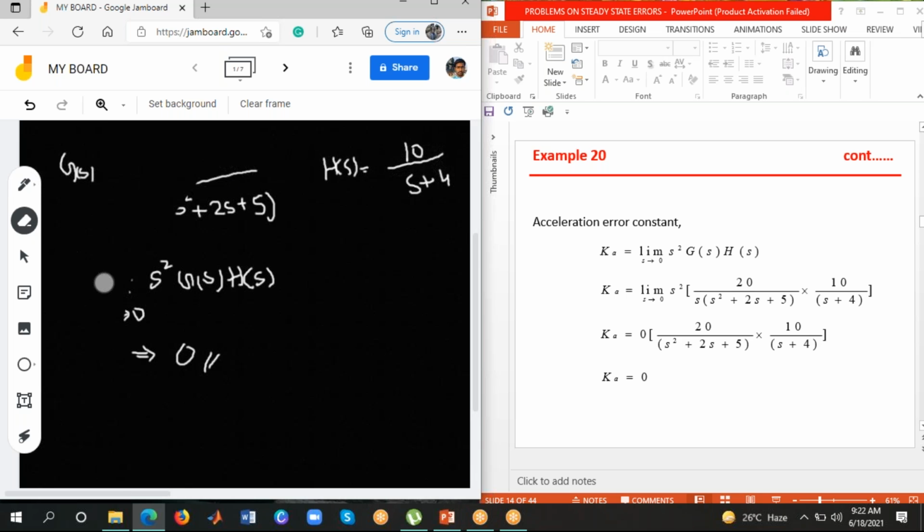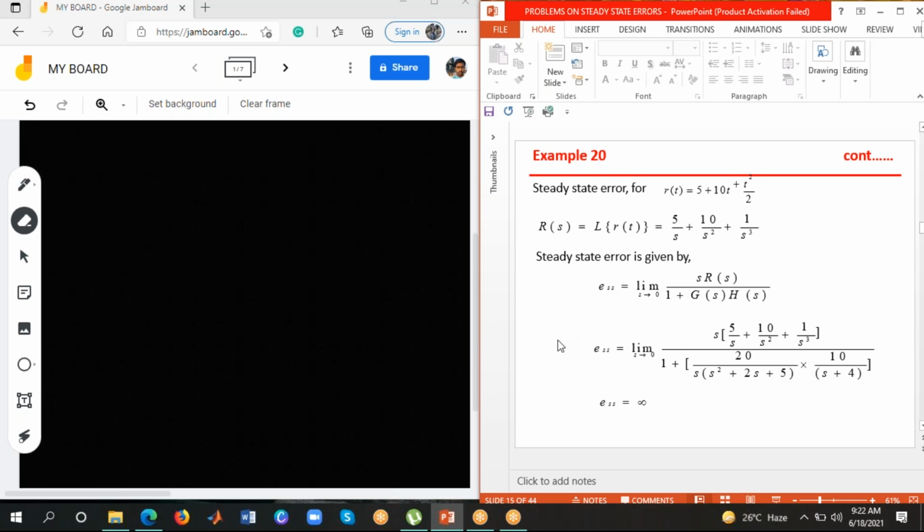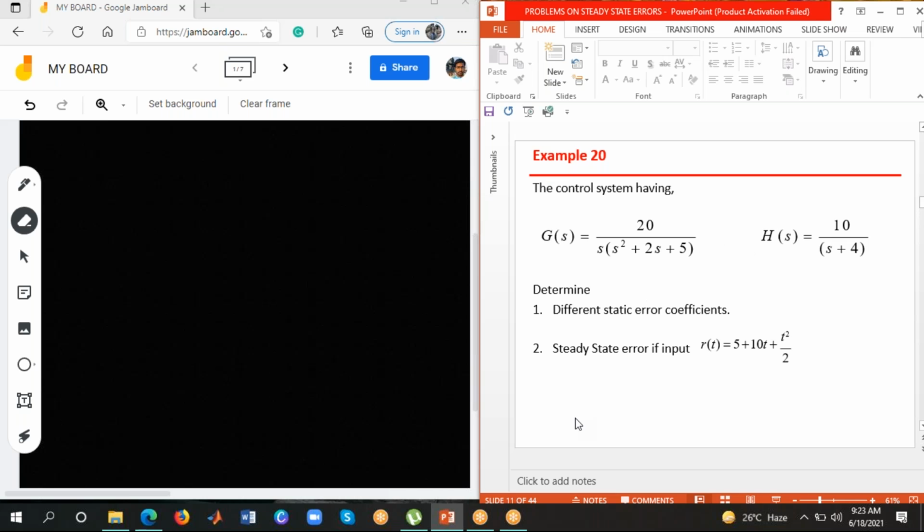So let me solve that next problem. The second one is limit s tends to 0. We have to find the steady state error. Let me see this.